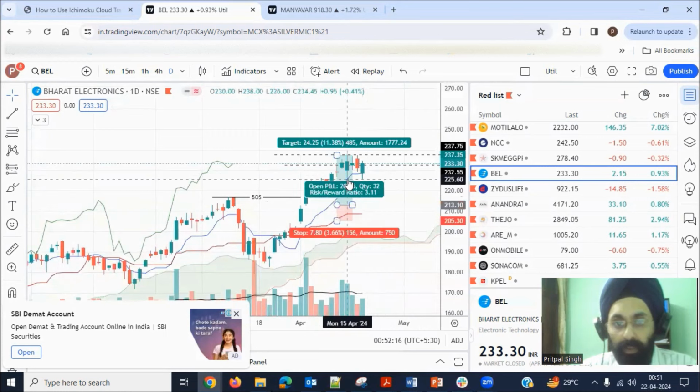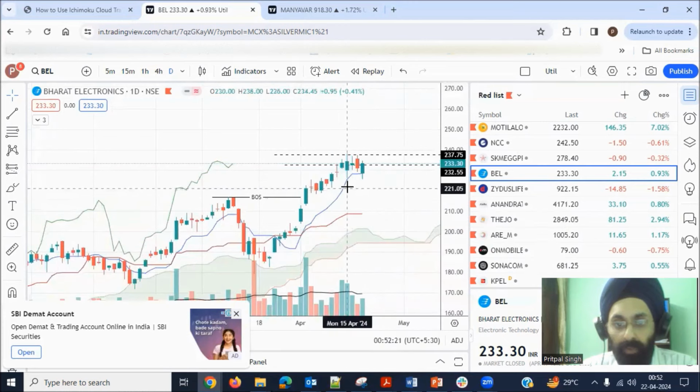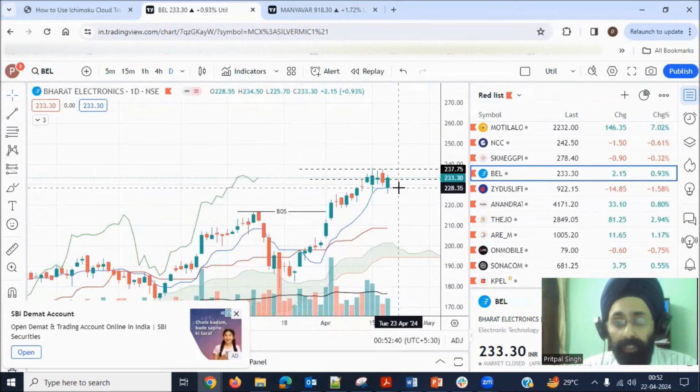On 15th of April the price got support from the Tenkan Sen, and on 19th of April price went below it, but it closed above the Tenkan Sen. So clearly it is getting support from the Tenkan Sen, the fastest moving average line in the Ichimoku structure, and it shows that the price is likely to remain bullish for the coming days. Even if the price breaks it, it is highly likely that price will get support from the baseline.